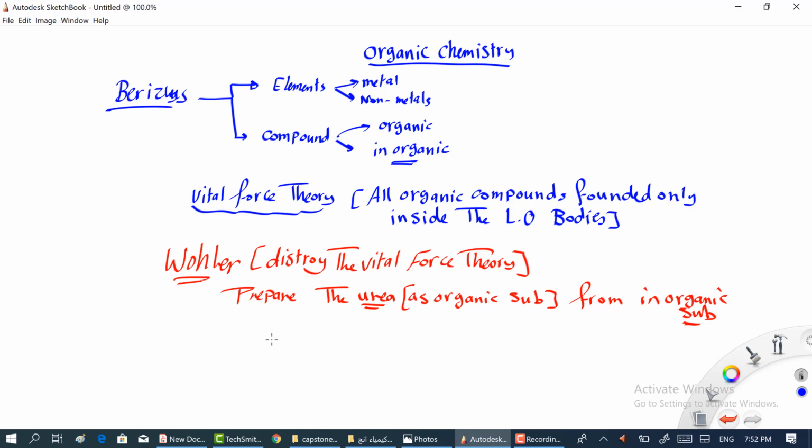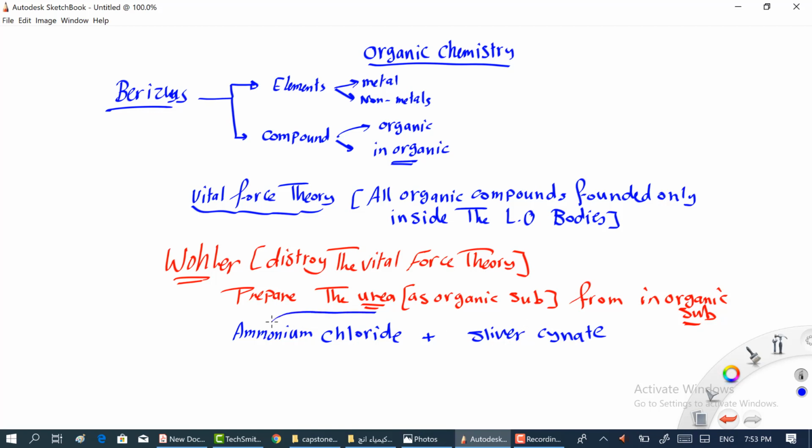Wöhler firstly brought ammonium chloride plus silver cyanate. These two compounds have a positive part and a negative part. According to this, we will find that a double substitution takes place.